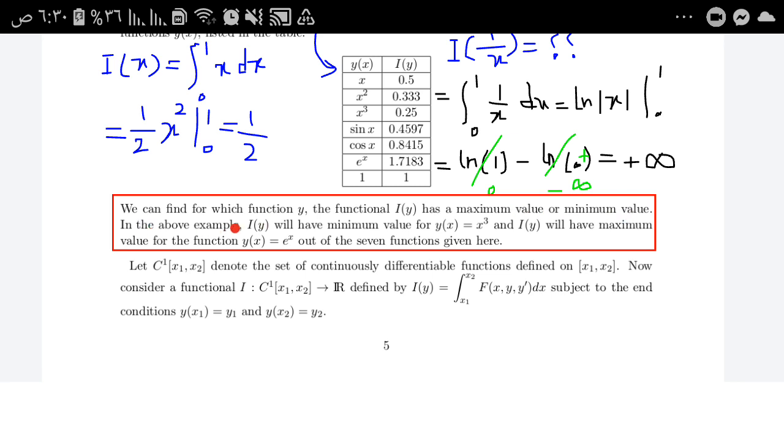In the above example, I(y) will have minimum value for y(x) equal to x to the power 3, and I(y) will have maximum value for the function y(x) equal to e to the power x.